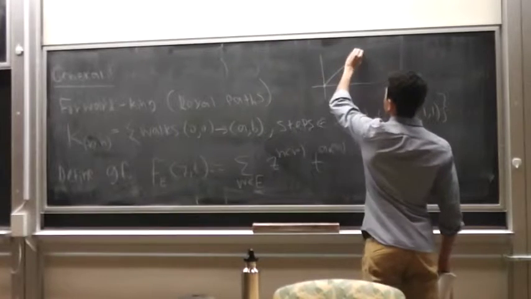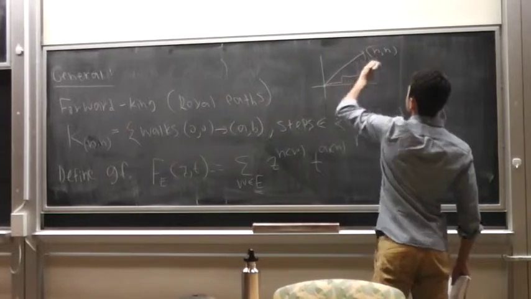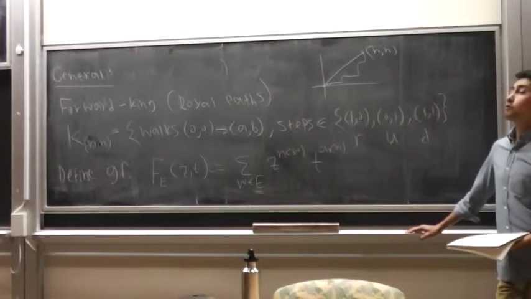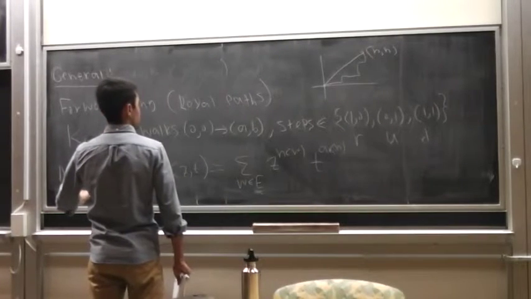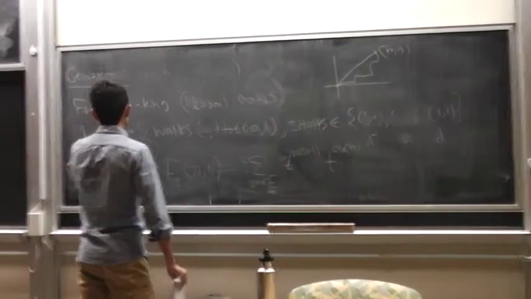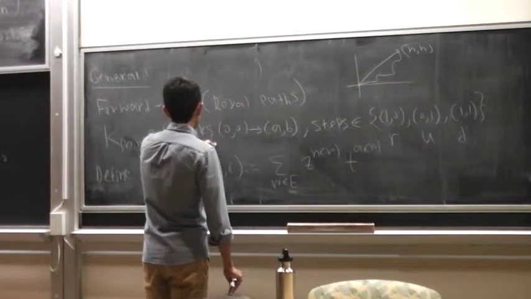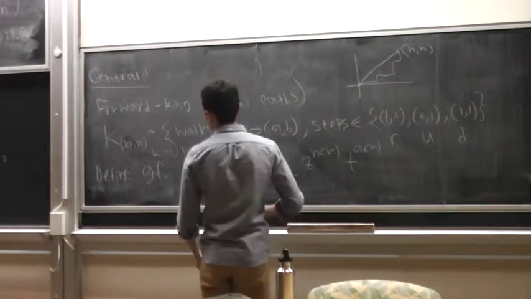But if he ends up at (a, b), how do you define n of w? You're assuming he ends up on some point in the diagonal. Right. So maybe I should say K be the union of the K_NN, and then E is a subset of that. Something like that.